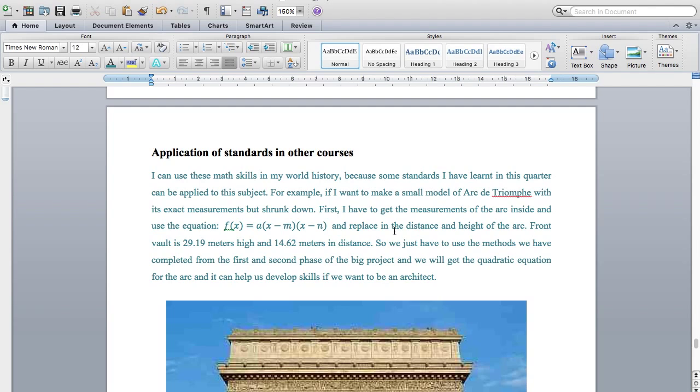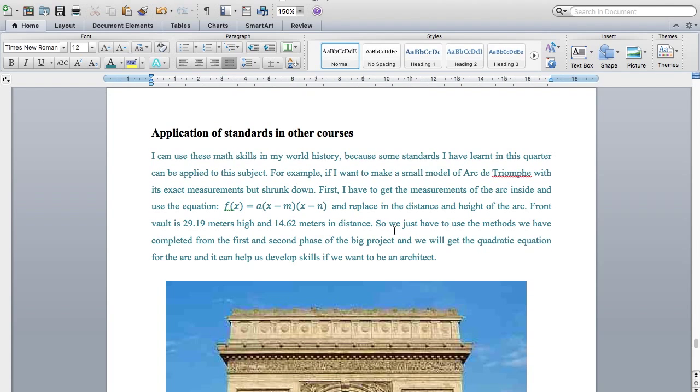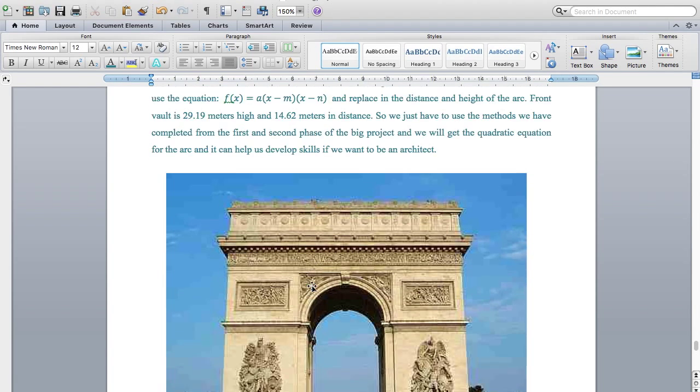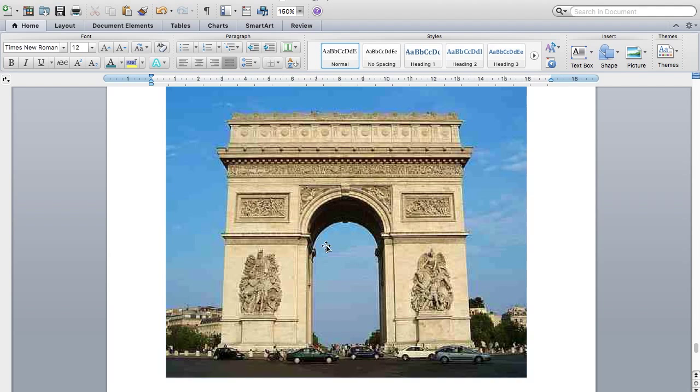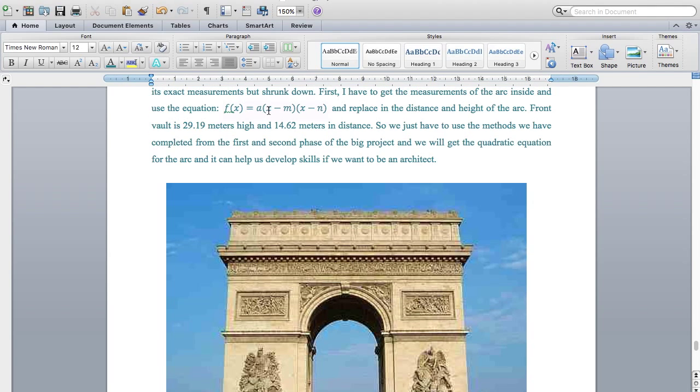And here, for example, if I wanted to make a small or shrunk model of the Arc de Triomphe with the exact measurements but smaller, I have to get the measurements of the inside of the arc, which is like this passageway thing, and put it in that very important quadratic equation that we use in every single phase.